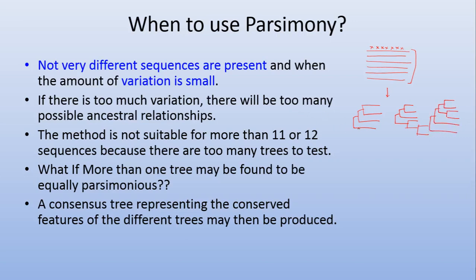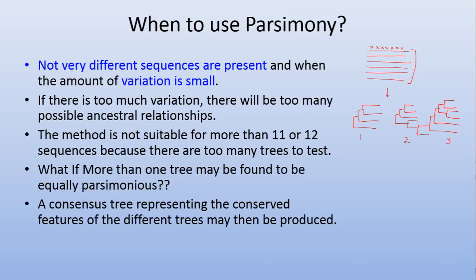So now it is entirely possible, as the number of sequences increases, if they are very sequentially conserved, that at the end of this parsimony method you might end up with tree number 1, tree number 2, tree number 3, which are equally parsimonious.